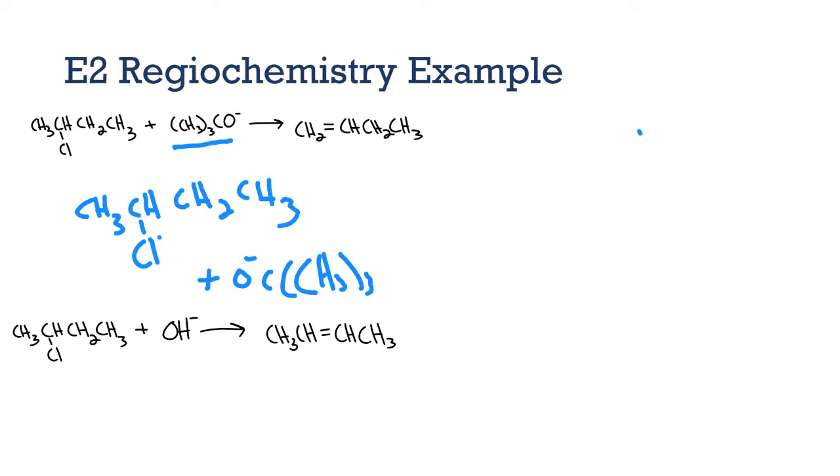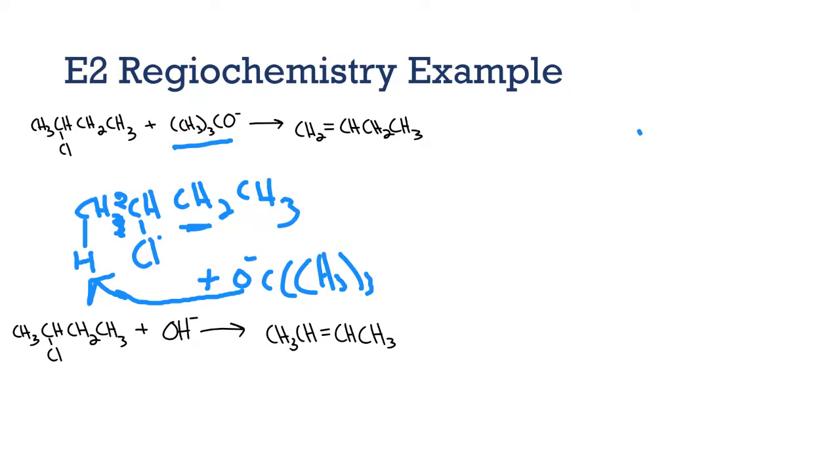So, like I said, this base will actually take this hydrogen, instead of this one over here, because it's a lot easier to get over here. There's much less steric hindrance and repulsion from all those electron clouds.